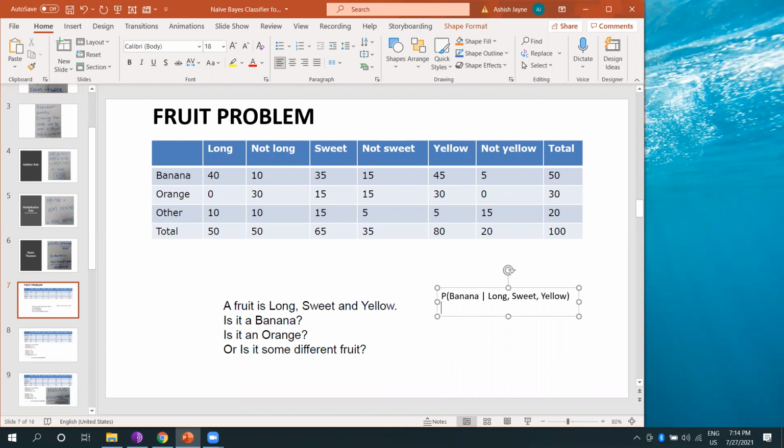And we also have to find out P(orange given long, sweet, yellow). Once we know these two probabilities, the answer would be whichever probability is higher.